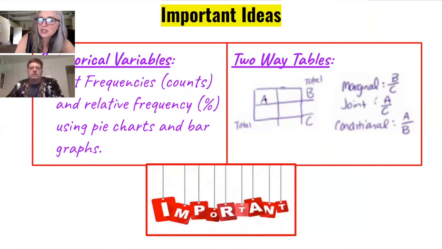Joint will be inside the frequency table out of total population, but conditional would be conditional on either a row or a column, right?